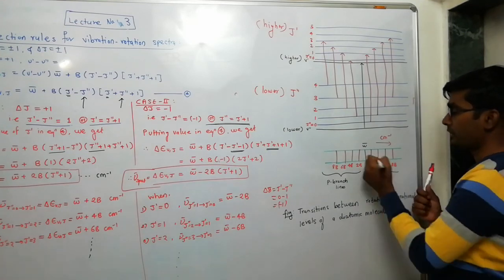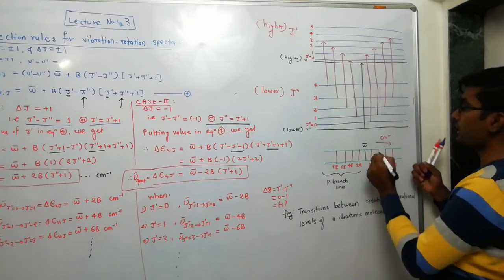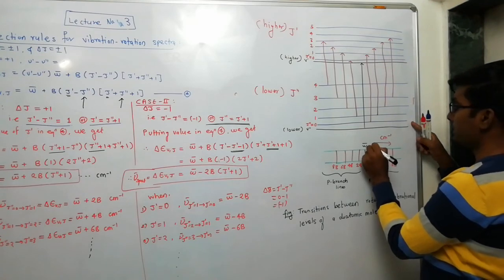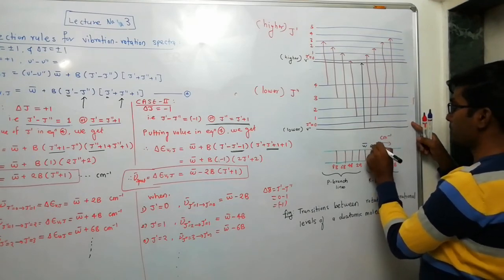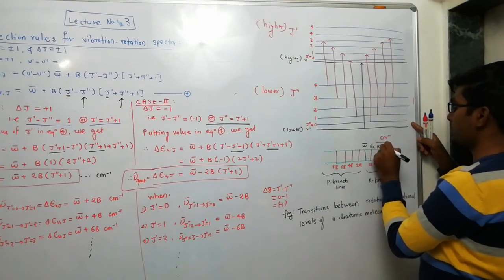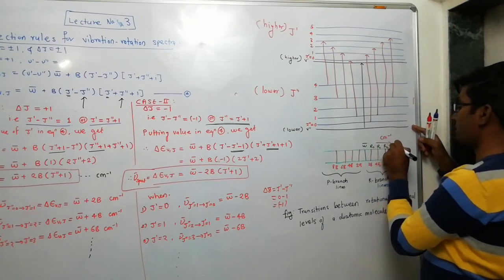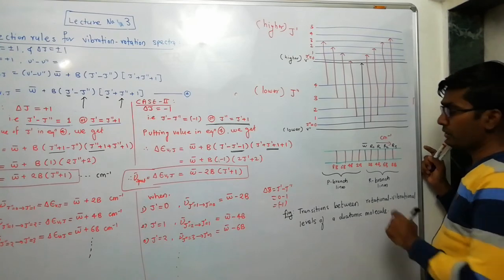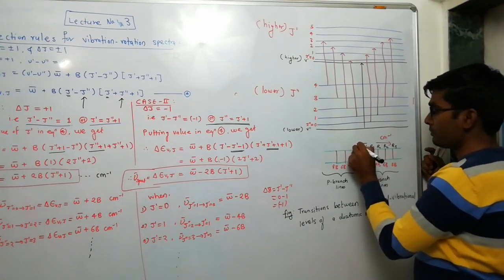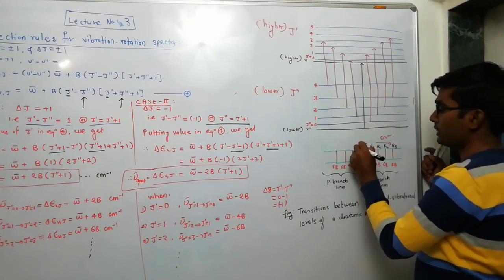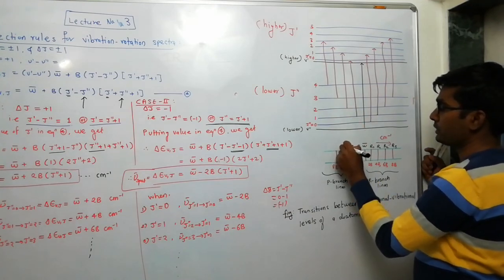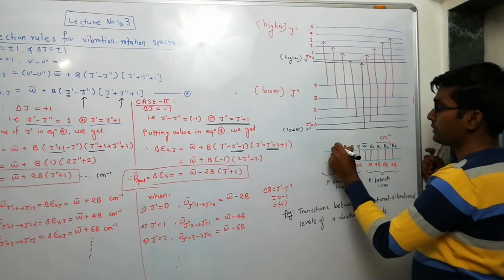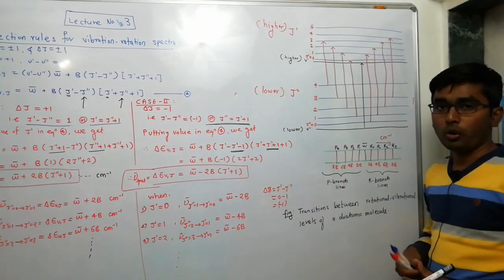Now let us give the numbering. This is R, it starts from R0, R1, R2, R3 and so on. This is the first line P, where the transition takes place from 1, P1, then P2, P3, P4 and so on.